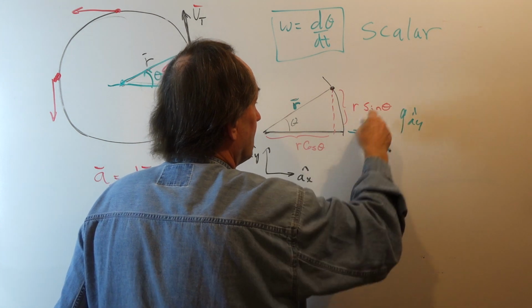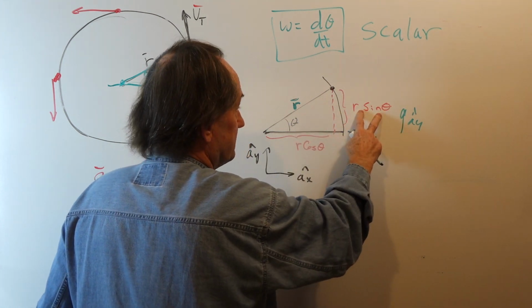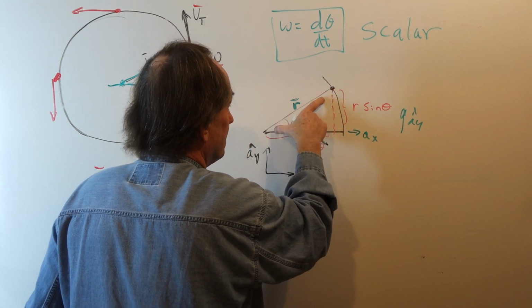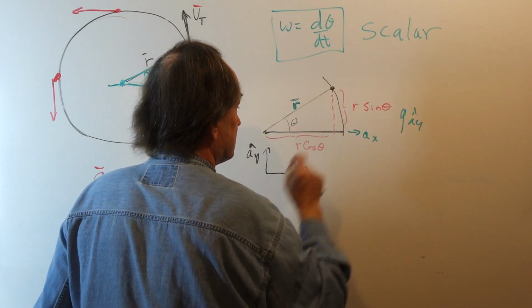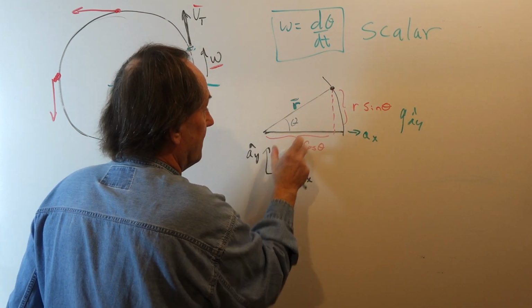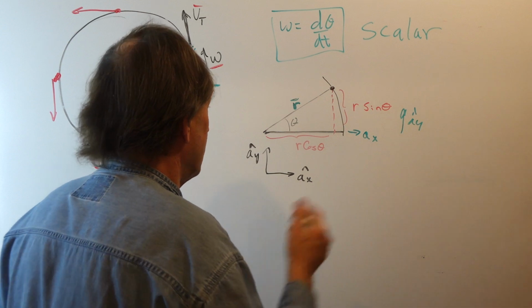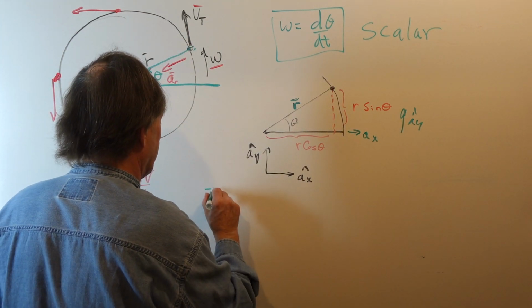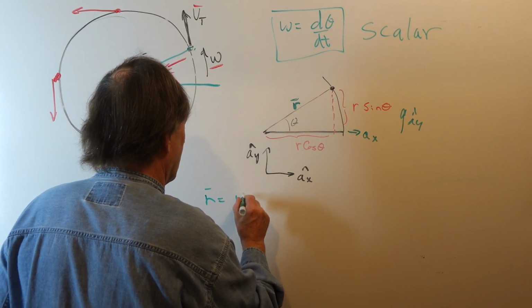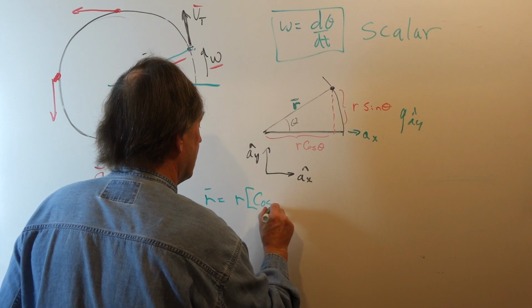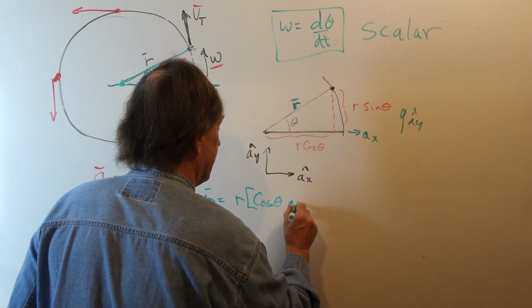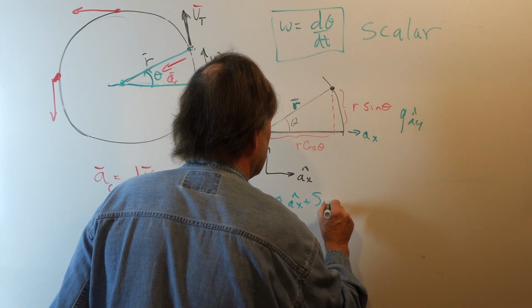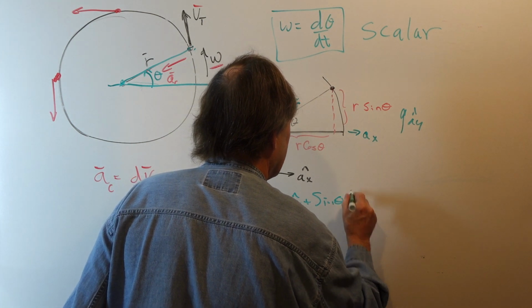I have a vertical component, which is r times the sine of theta, the magnitude of this vector times the sine of theta, and its horizontal component is r times the cosine of theta. So I can write r as being r times the cosine of theta in the ax direction plus sine theta in the ay direction.